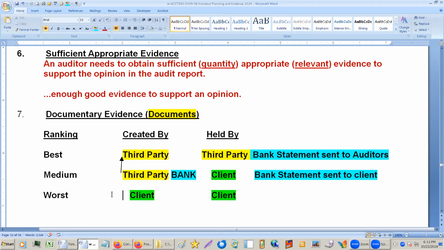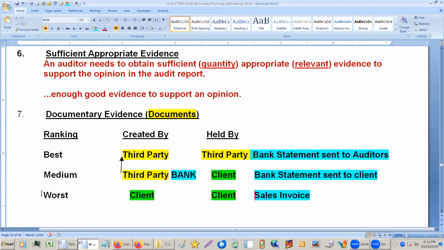And some things down here, we'll sometimes see the worst evidence is client made and client held. So for instance, a sales invoice. The client makes it, the client holds it. But there are things we can do with the sales invoice to corroborate it and move it up into better evidence.